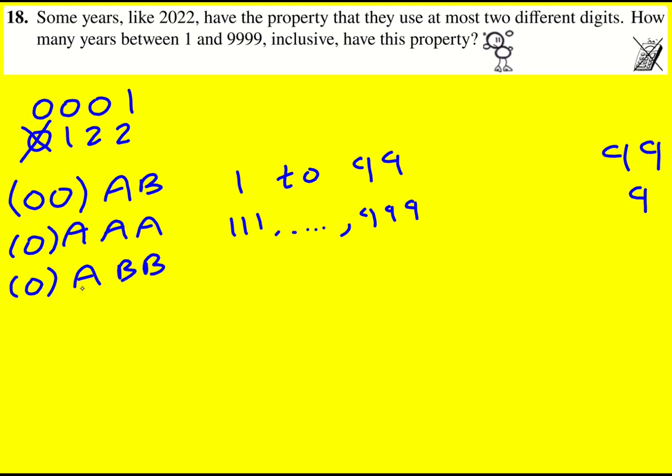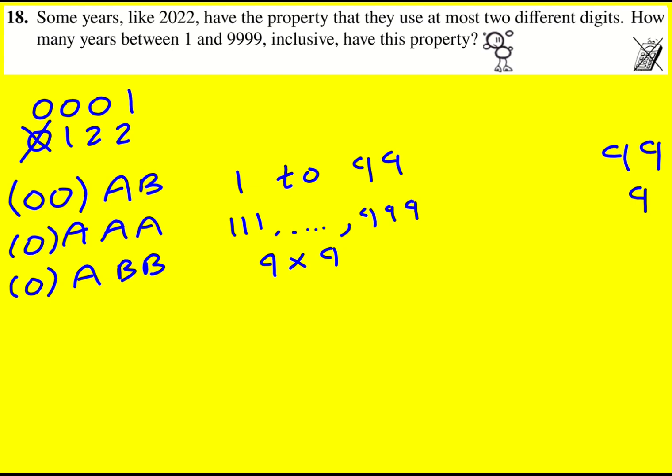Now, there's going to be 9 possibilities for A. I can't put a 0 there. I've already dealt with that. But I could put 1, 2, 3, 4, 5, 6, 7, 8, 9. And then for B, I could actually put a 0 because that would allow us to have 100, which I've not included anywhere before. So there's going to be 9 times 9 possibilities here.